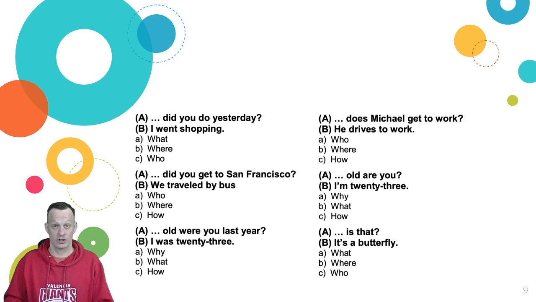I went shopping is the answer. Did you do yesterday? So the activity. What did you do yesterday? Where did you do yesterday? Or who did you do yesterday? Well, it's an activity. I went shopping. So is it A, B, or C?